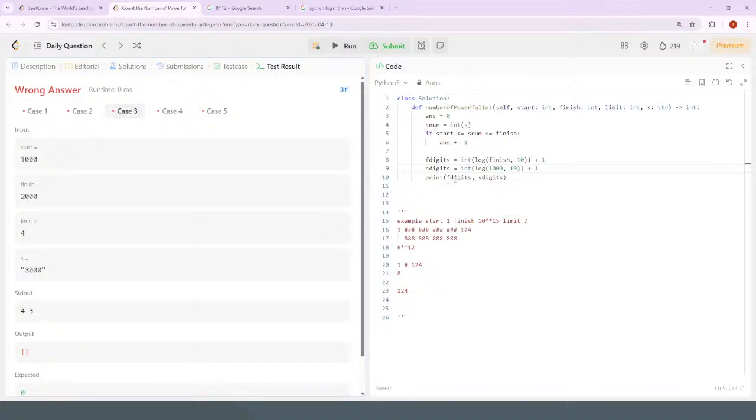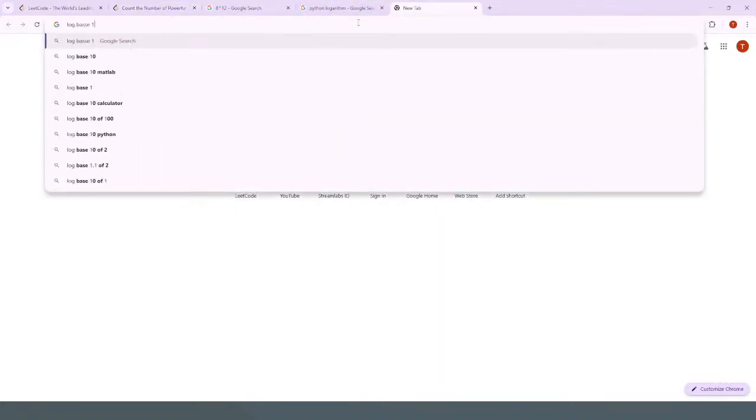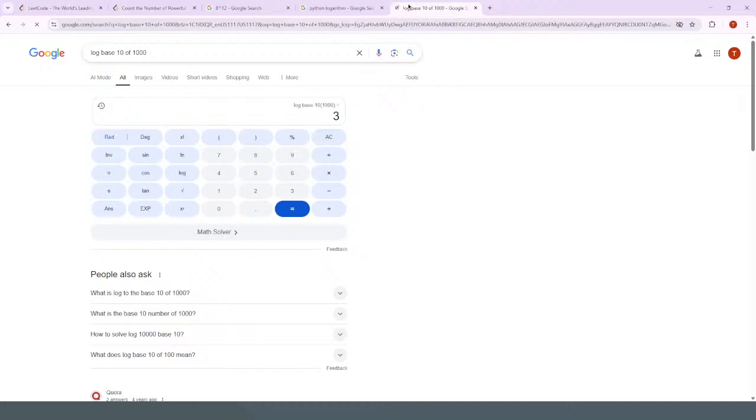Yeah, what is log base 10 of 1,000? It's 3.